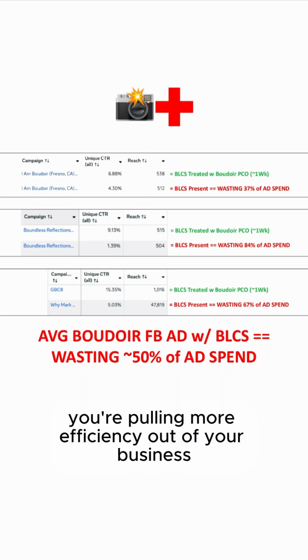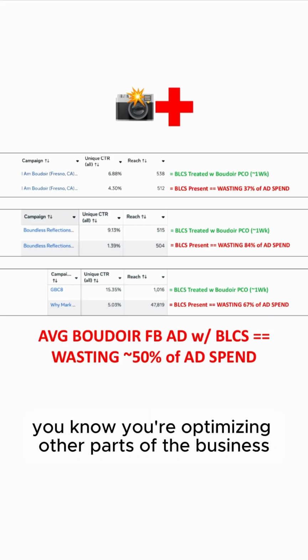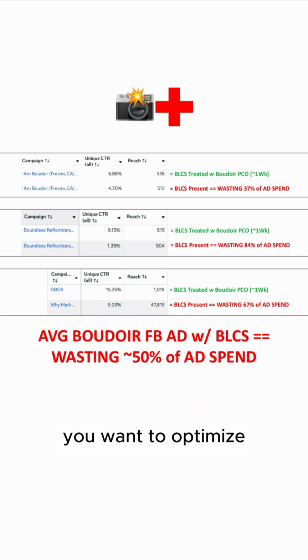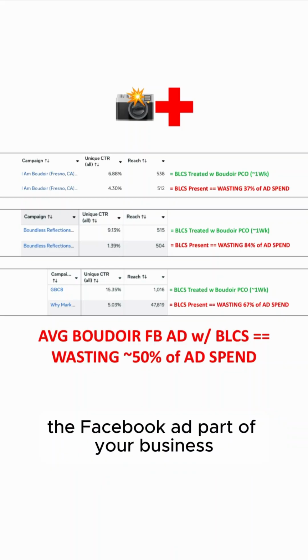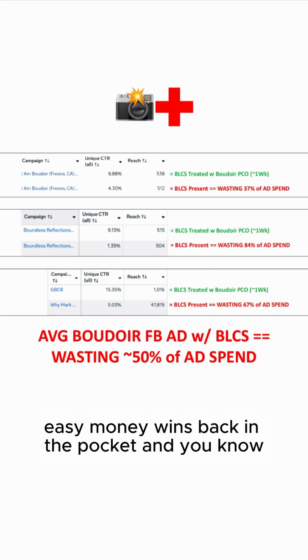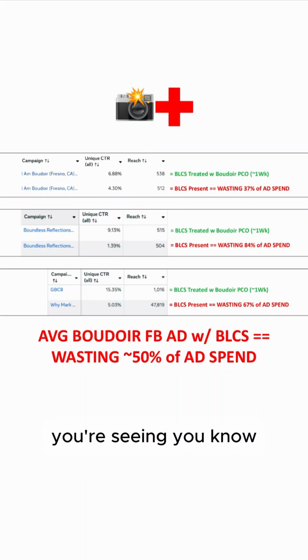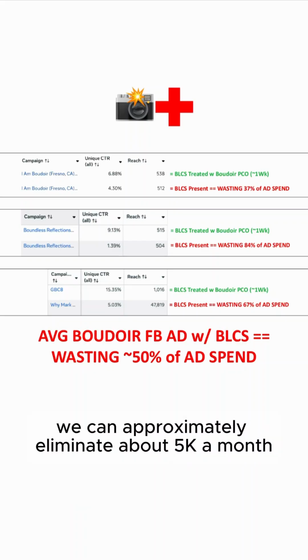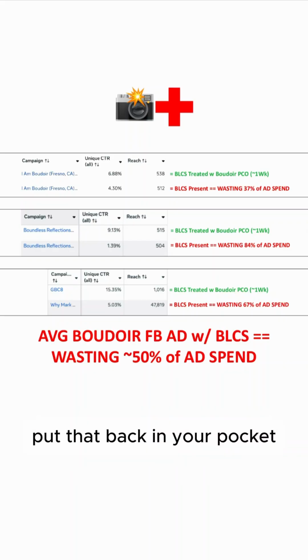So you decide you're pulling more efficiency out of your business. You're optimizing other parts of the business. Now you decide you want to optimize the Facebook ad part of your business, plug the leaks, easy leaks, get some fast, easy money wins back in the pocket. And you're seeing, we can approximately eliminate about 5K a month in wasted Facebook ad spend, put that back in your pocket.